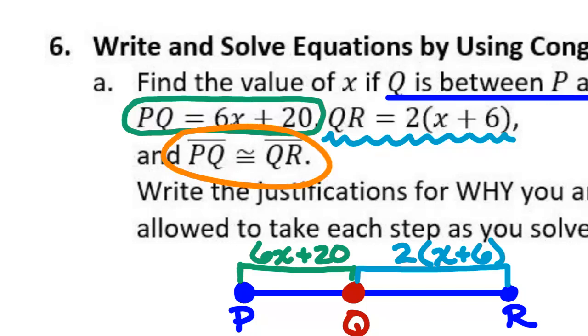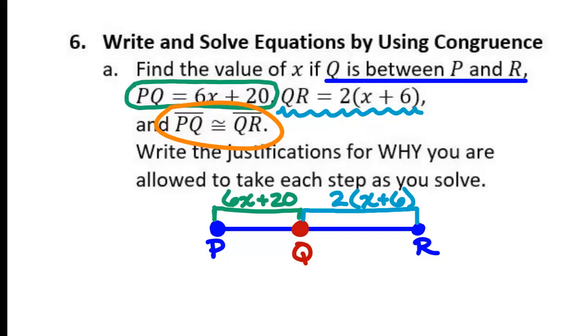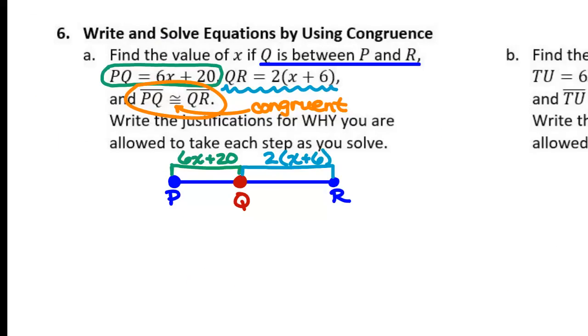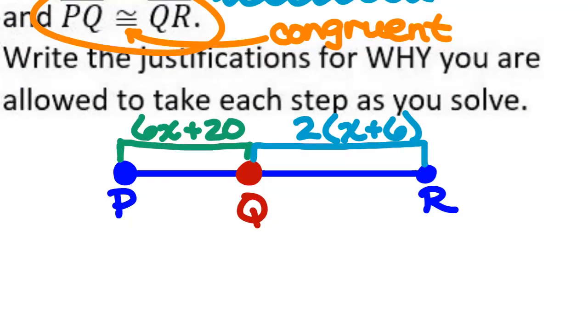And then they give me this. What does that mean again? What does that squiggle over the equal sign mean? Congruent. And what does congruent mean again? Same shape, same size.